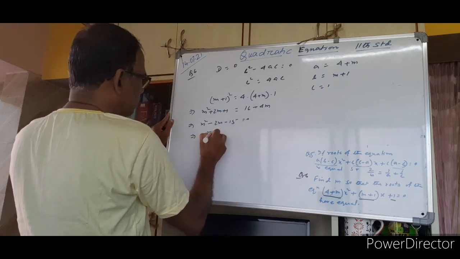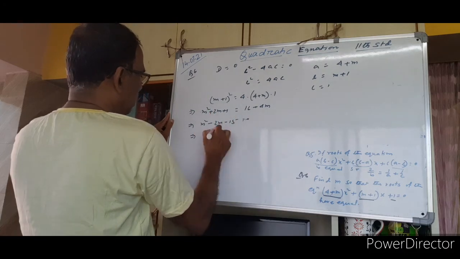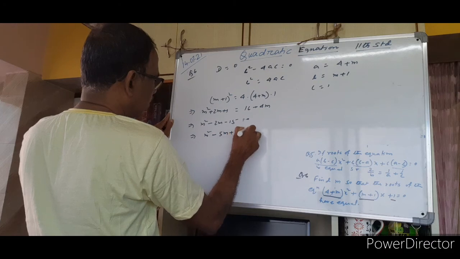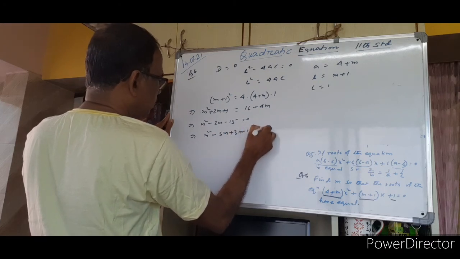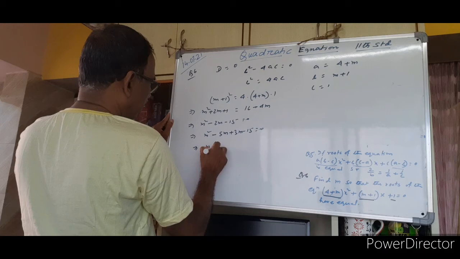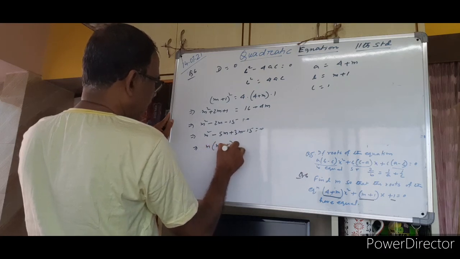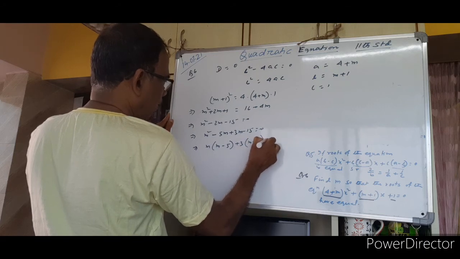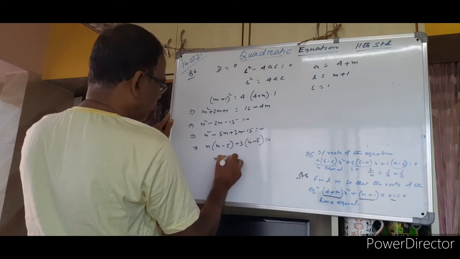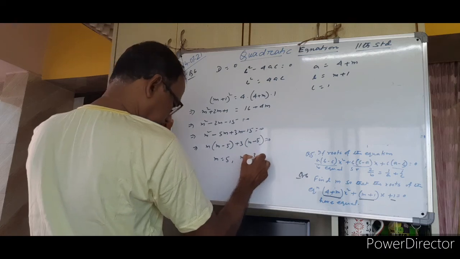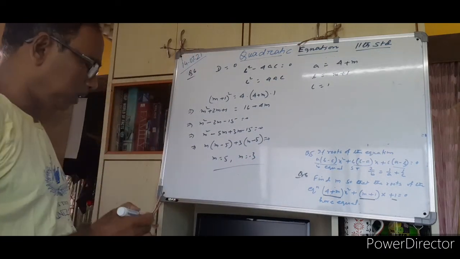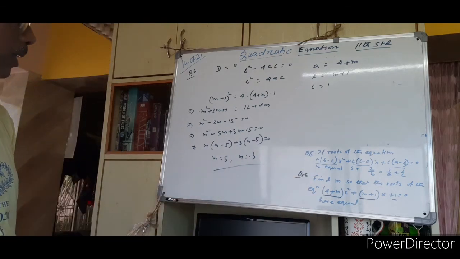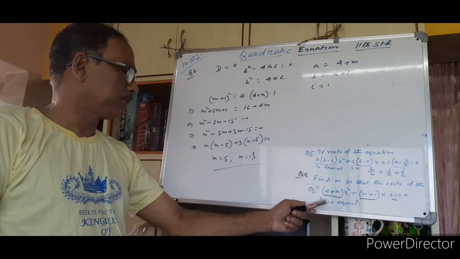Implies m square minus 5m plus 3m minus 15 equals 0. m minus 5 plus 3 into m minus 5 equals 0. Then m is 5, m is minus 3. That is the solution of the given, that is the value of the m if the given expression has equal roots.